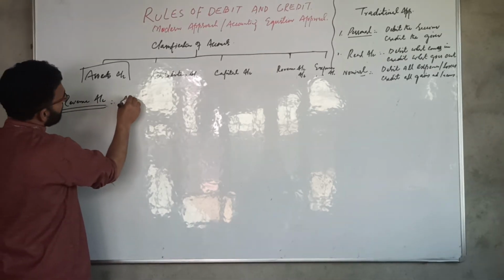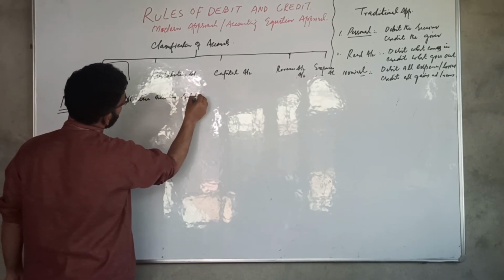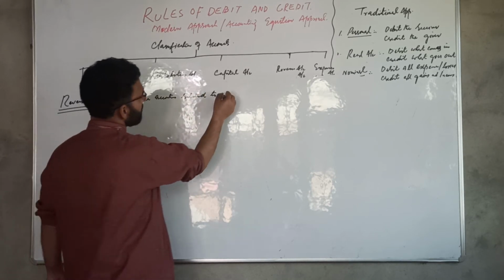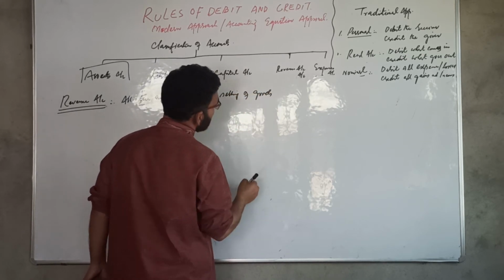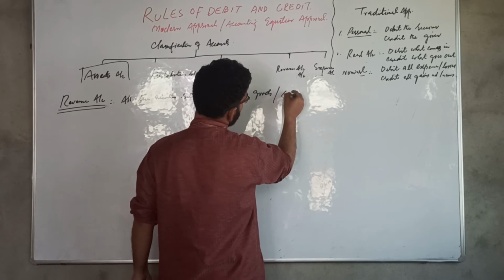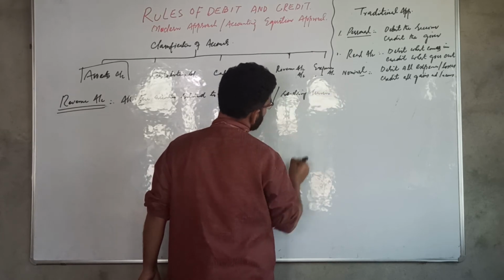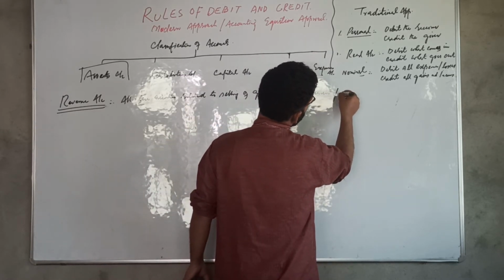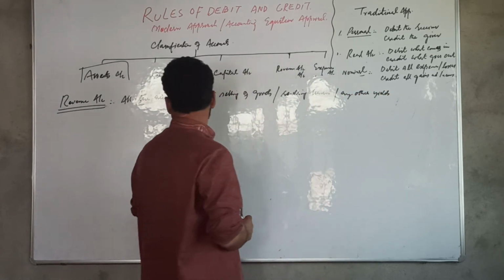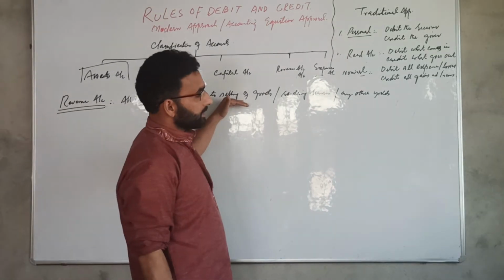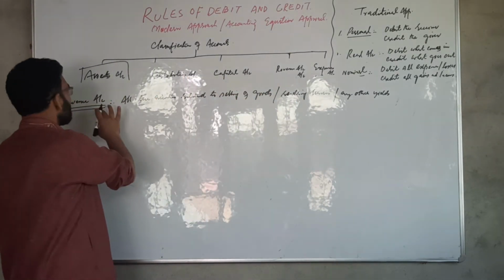All the accounts related to selling of goods, rendering services, or any other yields are grouped in this head. These are called revenue accounts.